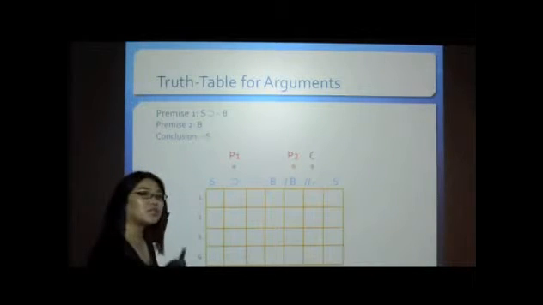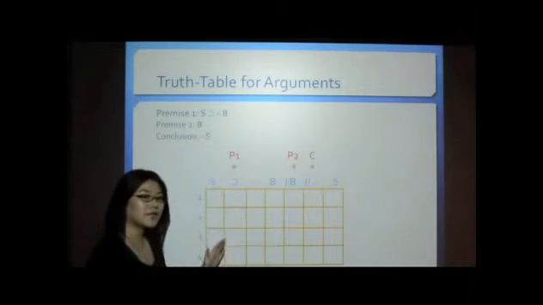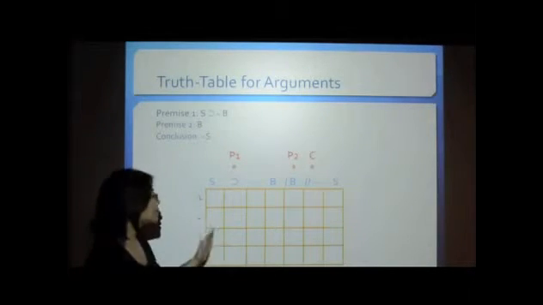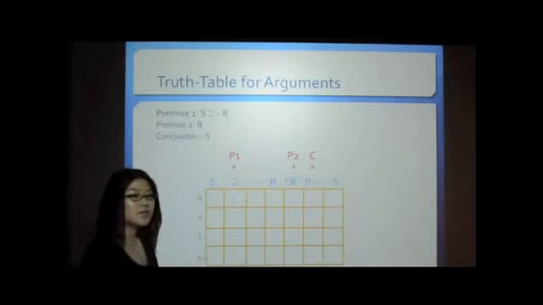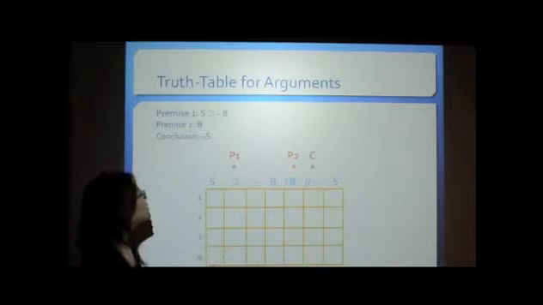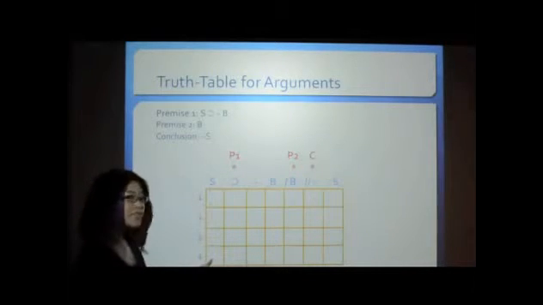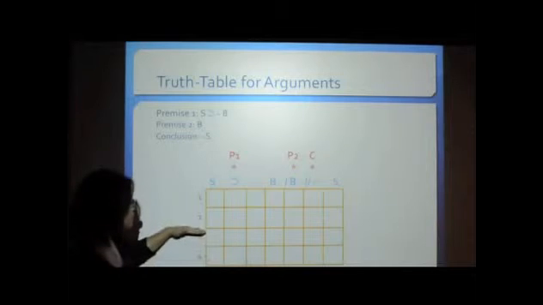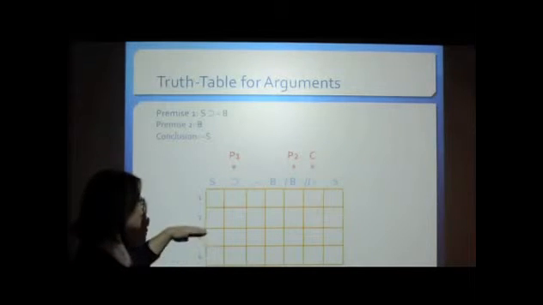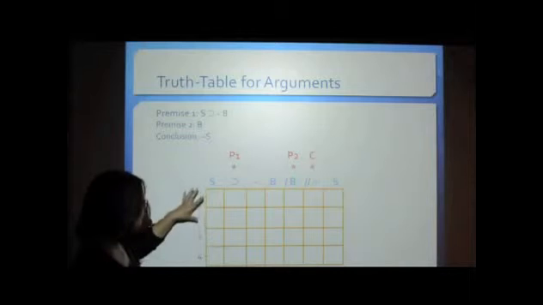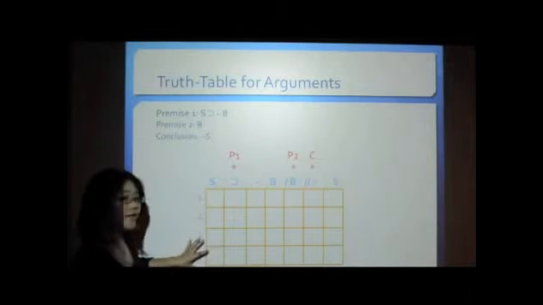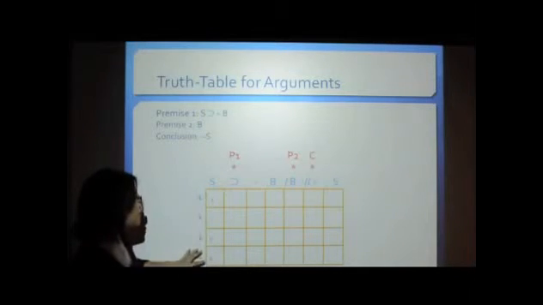So now, just like we did with the single statements and the group of statements, the next step that we want to go to is to give the initial truth values for the distinct variables, okay? So the first distinct variable we come to here is the S. So we're going to go ahead and cut the lines in half and give the first half all true and the second half all false. And that's what we have.